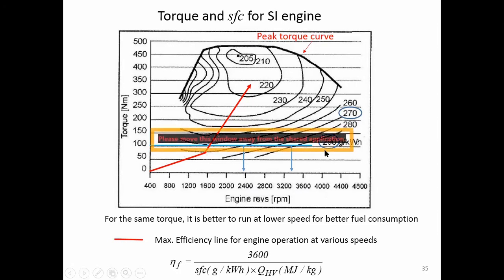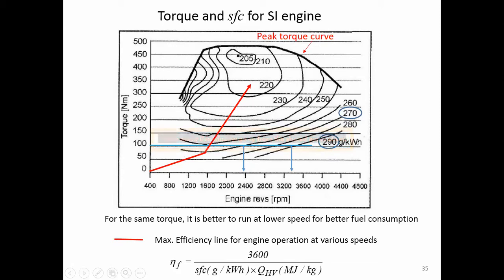But the difference again is the SFC. If you run your engine at lower speed, you pay less, because this is only 270, while this one is about 290 grams per kilowatt hour.